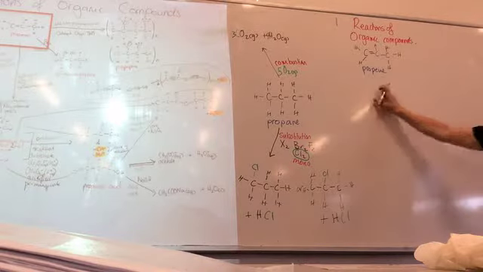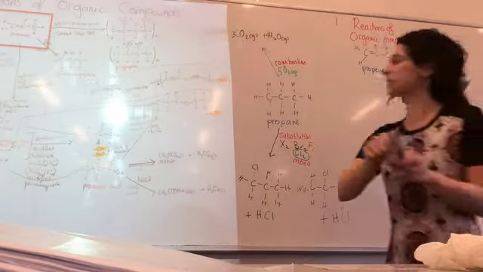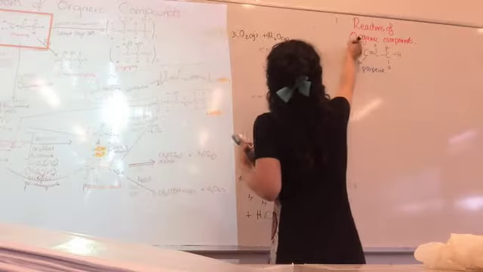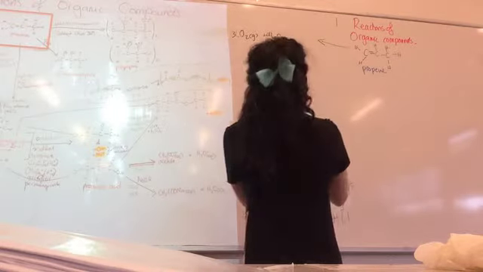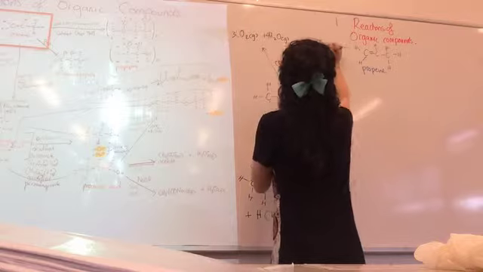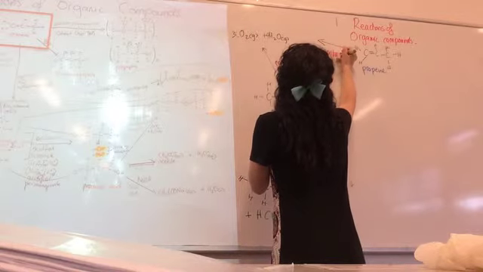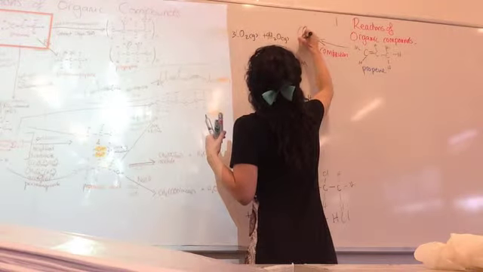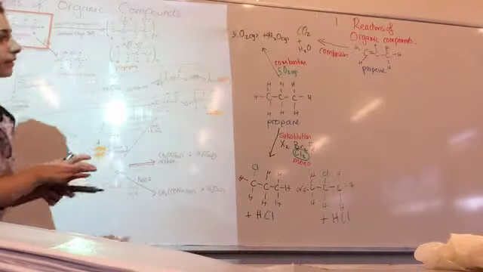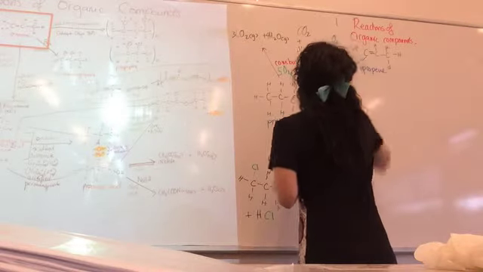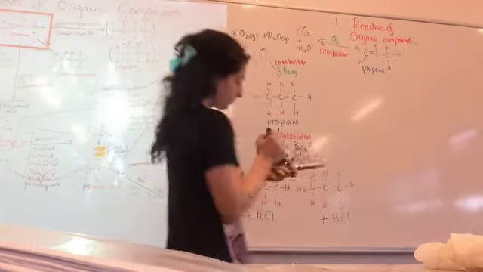Okay, so propene, guys, because we're not going to lunch until we finish this. So propene can undergo a combustion reaction to produce CO2 and H2O with oxygen gas. Okay.